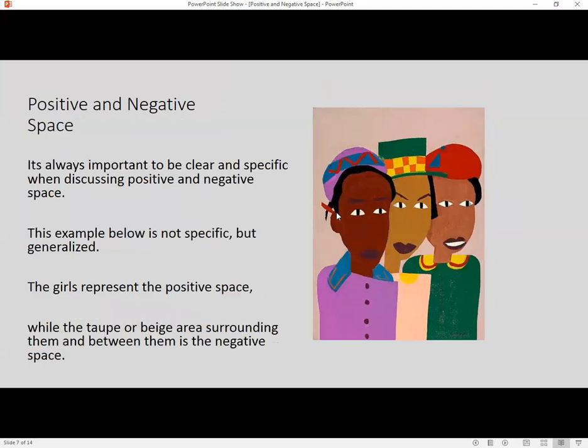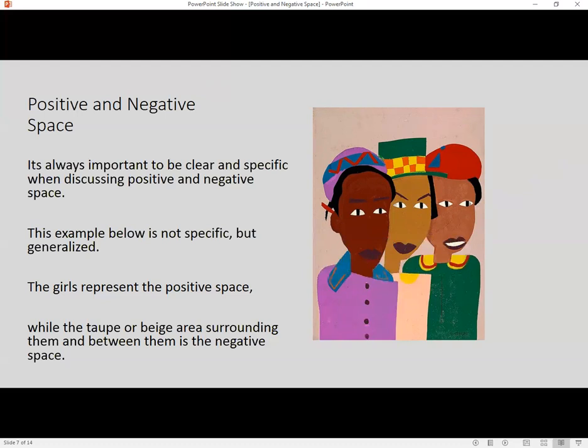When you're describing positive and negative space, you want to be very clear, very specific, and not generalize. By generalize, I mean I don't want you to describe everything that's solid in the image as positive space, and everything that surrounds and is in between these solid objects as negative space.